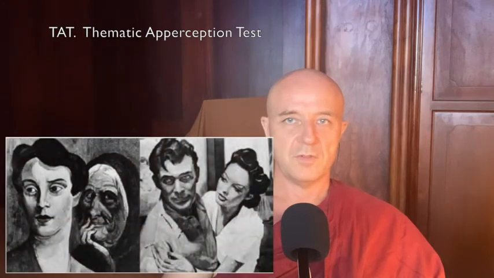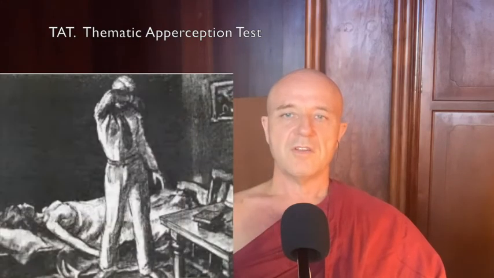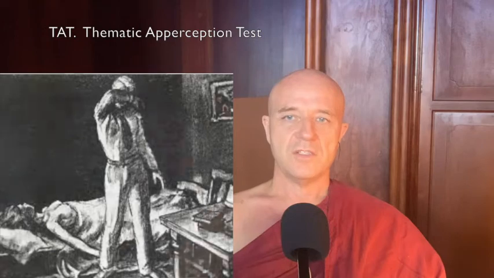On the TAT, primitive splitting may be noted in characters that are judged as all bad, i.e. devils, in characters wherein only one side of the personality is admitted to or portrayed, or when good-bad characteristics are juxtaposed incongruously.